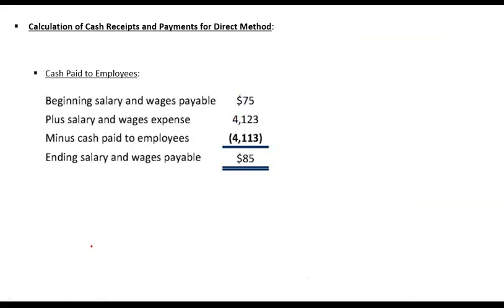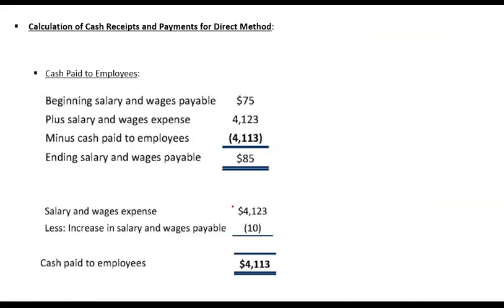So cash will simply be the adjusting figure between your expense and your change in the balance sheet item. Or simplistically, I can say it is expense minus increase in current liability. So simply speaking, your expense minus increase in current liability will be your cash paid to employees. For example, in cash paid to suppliers, you took purchases, that was kind of an expense, and then you subtracted the increase in accounts payable, that was a liability.